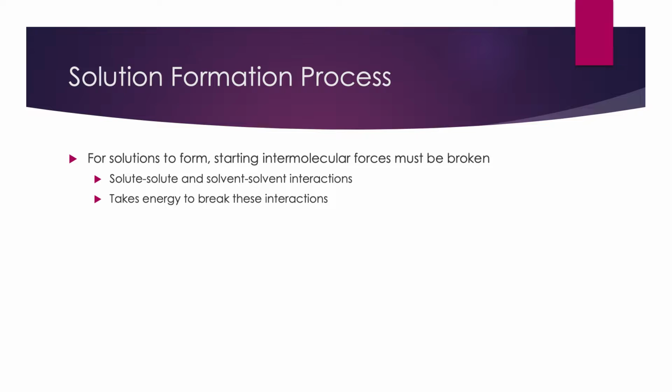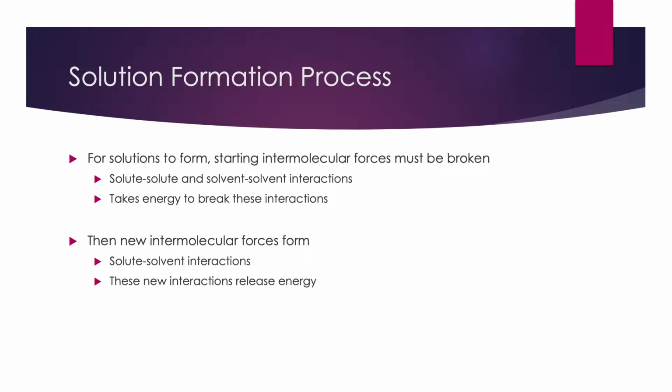Whatever compounds you're trying to mix together, if you have a solute and a solvent as your main solution components, you have to break up a lot of the intermolecular forces between the solute molecules with themselves. Likewise, you have to break up a lot of solvent molecule interactions with themselves. Once those interactions are broken, you're able to form new interactions between the solute and the solvent.